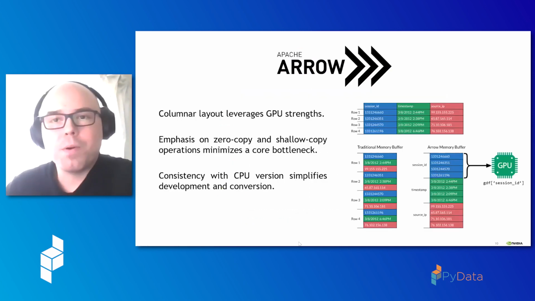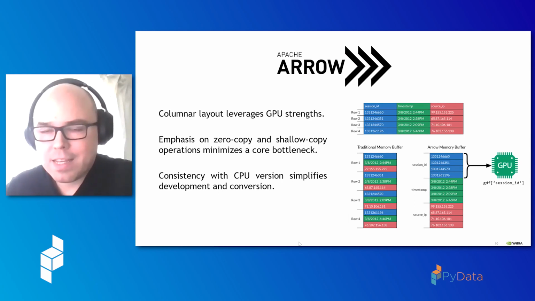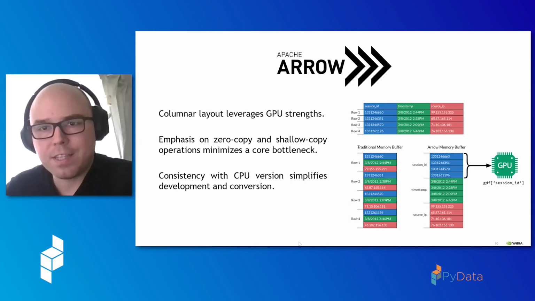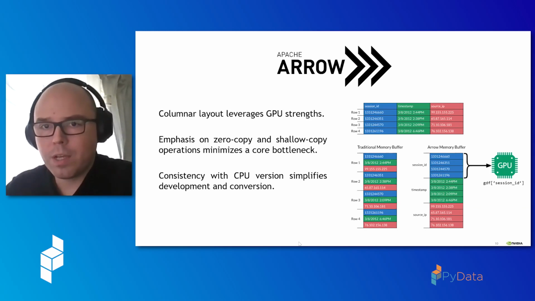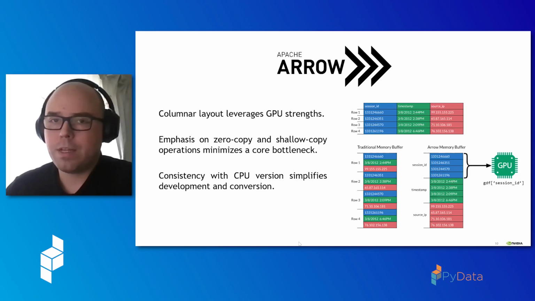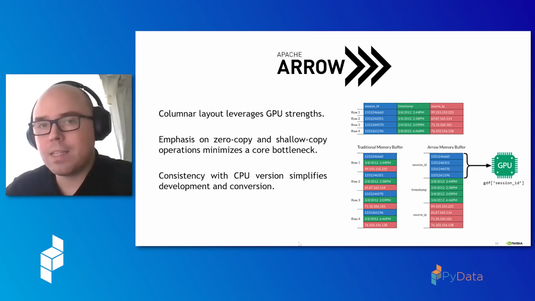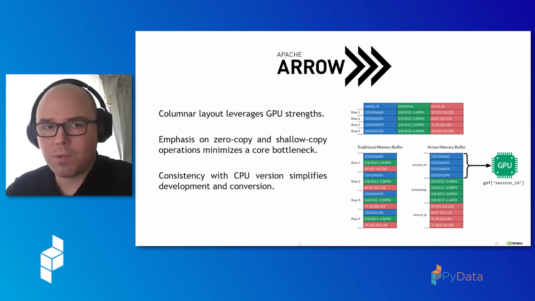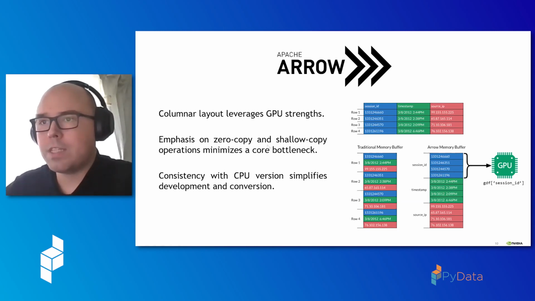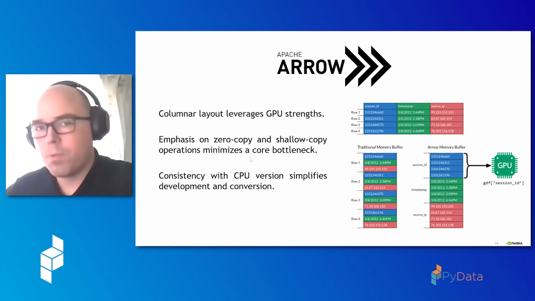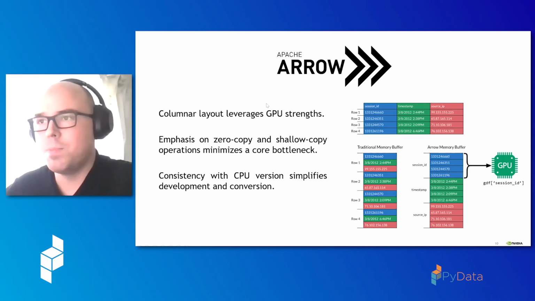There are a couple of components that make RAPIDS behind the scenes. As a data scientist, you typically don't have to care about them, but it's good to know that they exist. RAPIDS is built entirely upon the Apache Arrow data representation format. It's a columnar data layout, so whenever you use RAPIDS, your data will be stored in a columnar fashion.